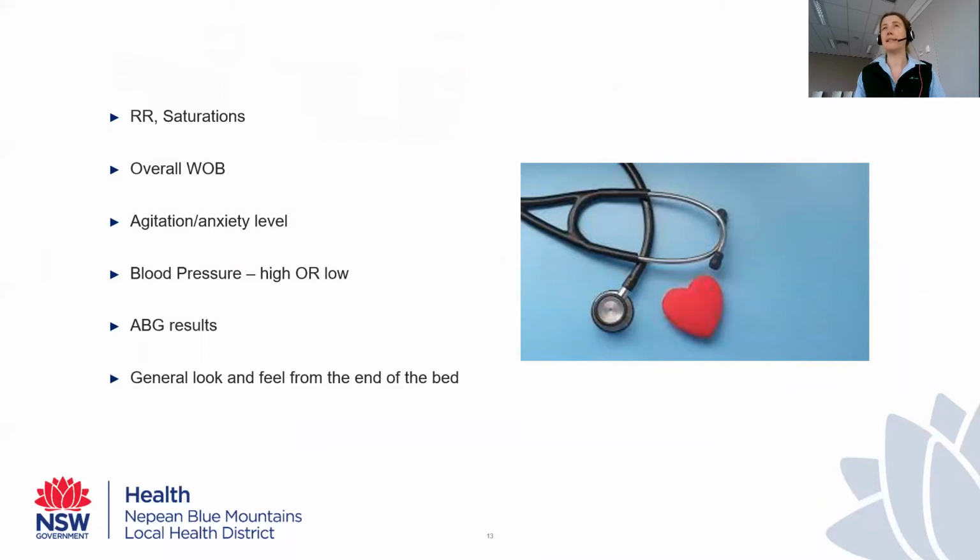If we're not seeing that improvement in 60 to 90 minutes, we really need to start thinking, okay, are they on the right settings? Do we need to change the settings around? Do they need referral to be nursed somewhere different, whether it's a specialty respiratory ward or the intensive care unit, because they need closer observation or monitoring.